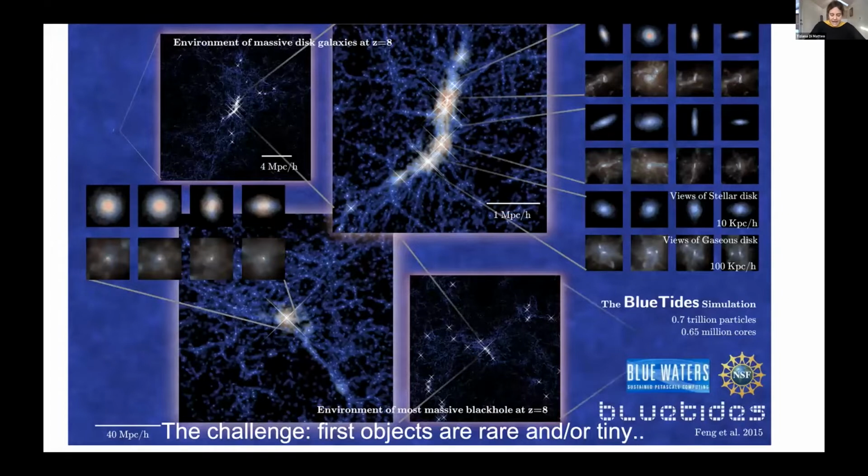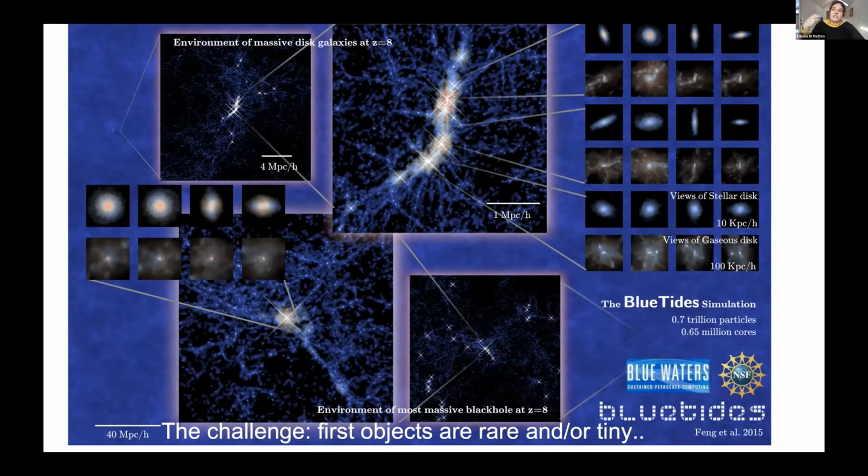So what I am adding here is that indeed we know that these objects are extremely rare. So in order for us to actually capture them in simulations, we need to meet this challenge of going to extremely large volume simulations.